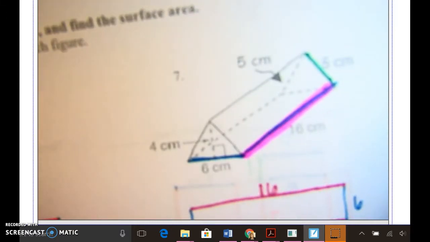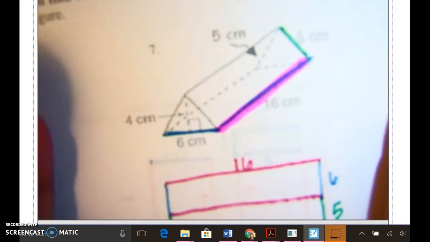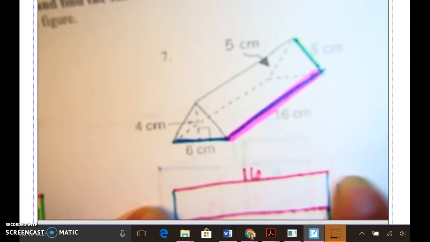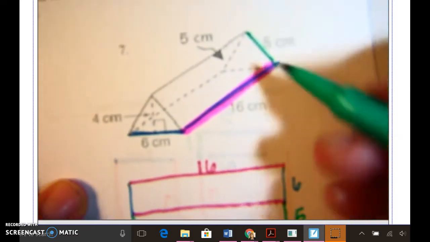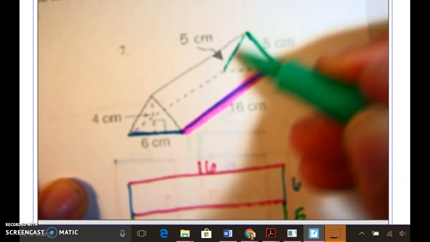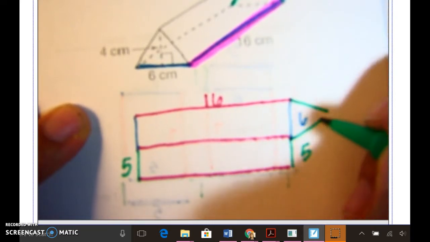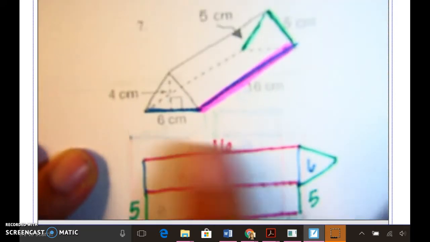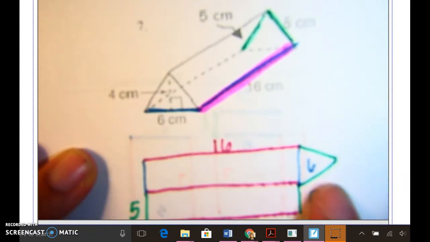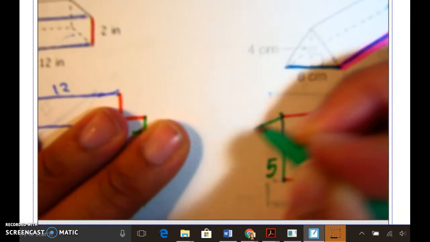And I'm going to draw, you got to think about it folding up. So if it folds up, the triangles make the most sense here. So I'm going to go ahead and do 5 and 5, because that's a 6 and that's a 5. And then I'm going to do 5 and 5.